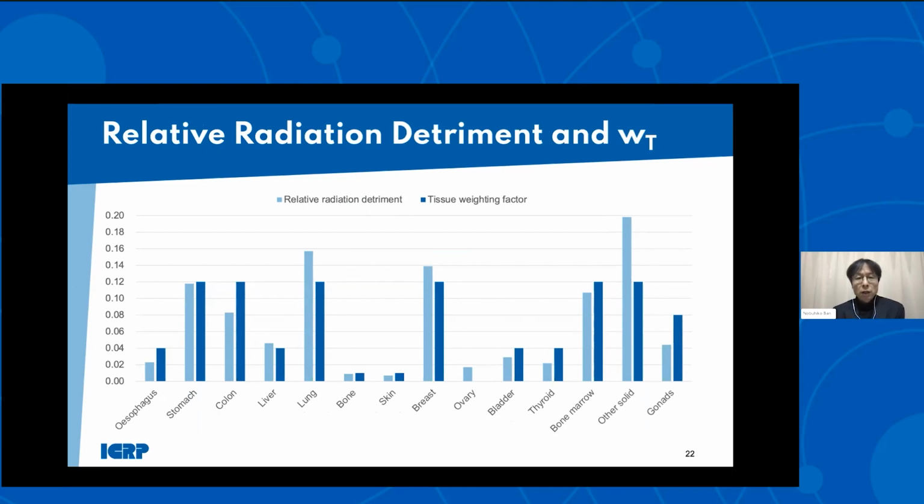And this graph compares the values of relative radiation detriment and tissue weighting factor. As you can see, relative radiation detriments are not directly used. Instead, organs and tissues were grouped in some categories according to the relative radiation detriment.